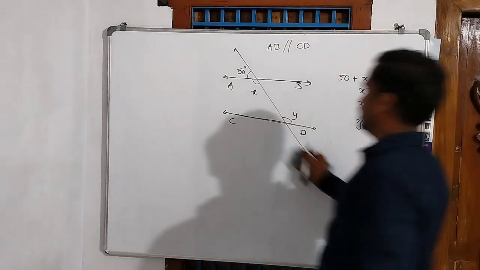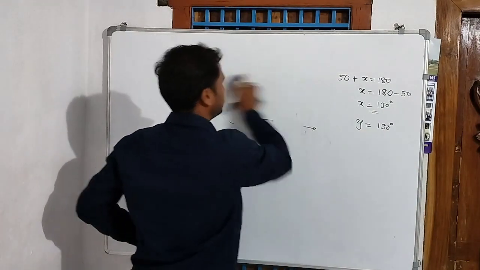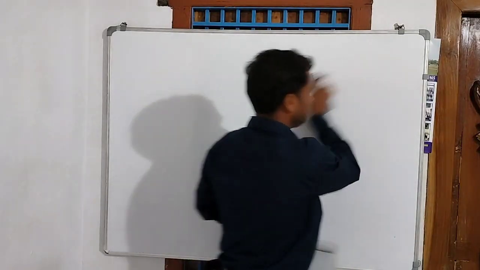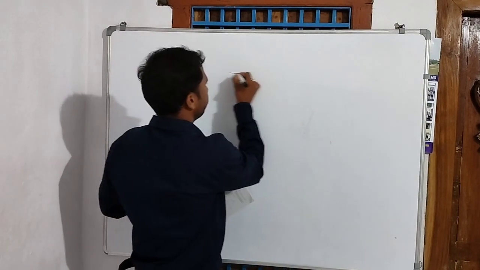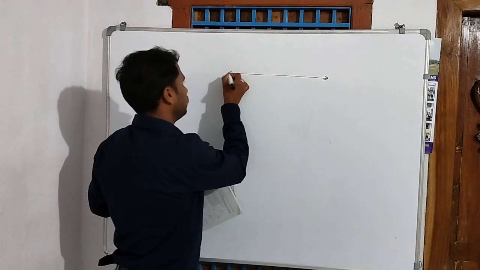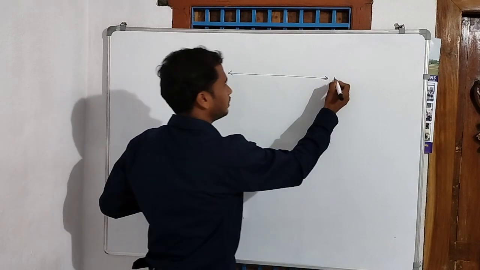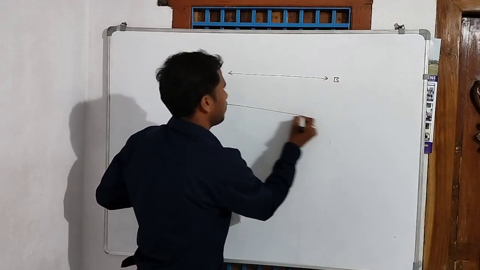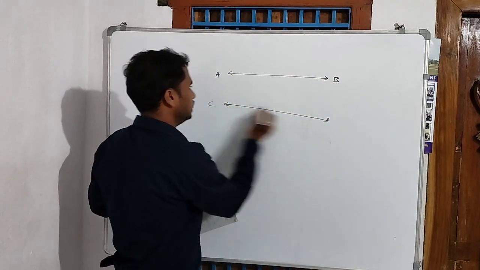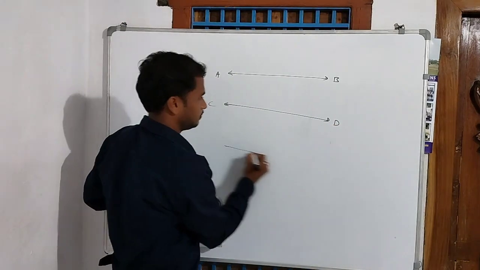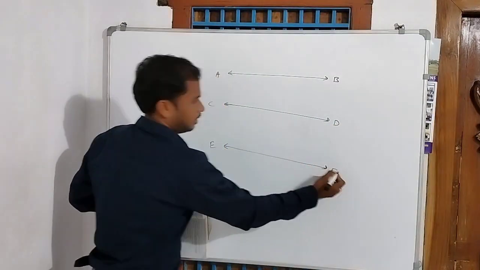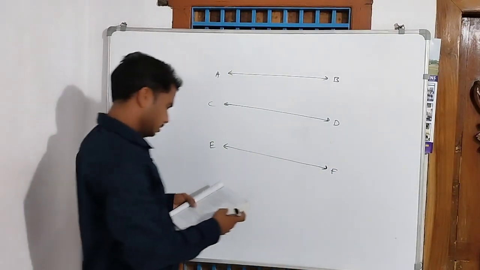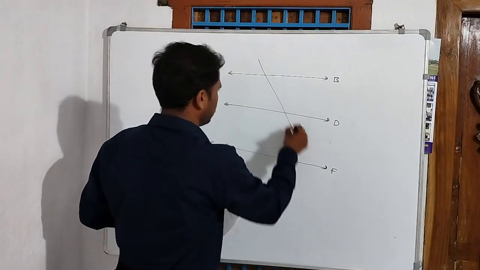Same like this, I will explain one more sum. Just listen. This is line AB, this is CD, and this is EF. This is a transversal line.